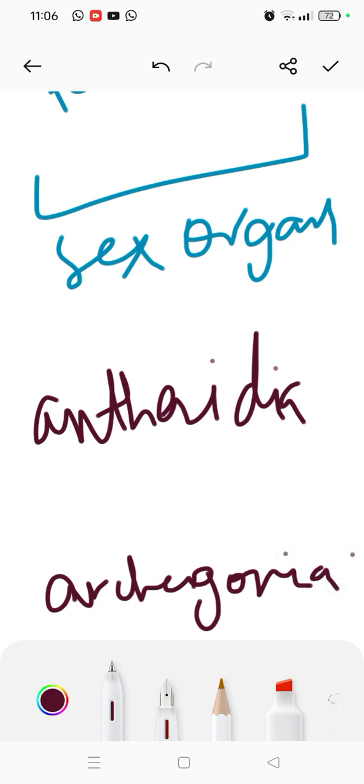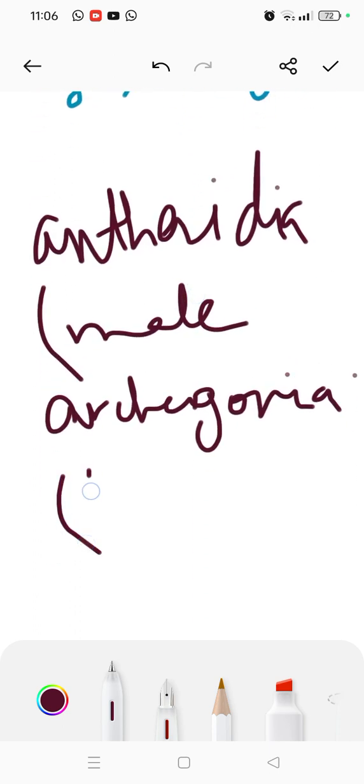So antheridia is male, and archegonium is female. So I'm sure it's clear.